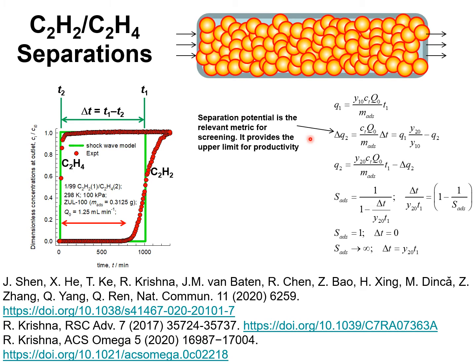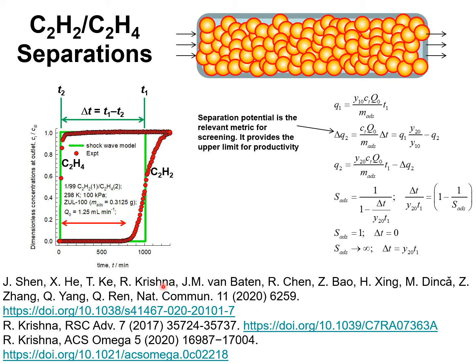with a given MOF. To repeat again, delta Q2, Q1, Q2 and S adsorption are all calculable from the IAST, but these interrelationships with the Shockwave model allow us to focus in on the relevant metrics for a given separation.